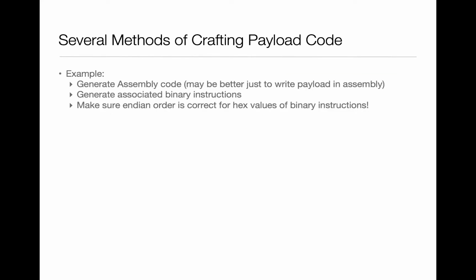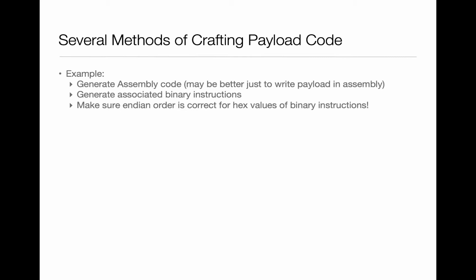So there are several methods of crafting payload code, and for example, you would want to first generate the assembly code. What I found is it's actually better to just write the payload in assembly, because if you write some code that you want to execute on the stack and use an off-the-shelf compiler, it may introduce some optimizations that will cause confusion about what you're trying to do.